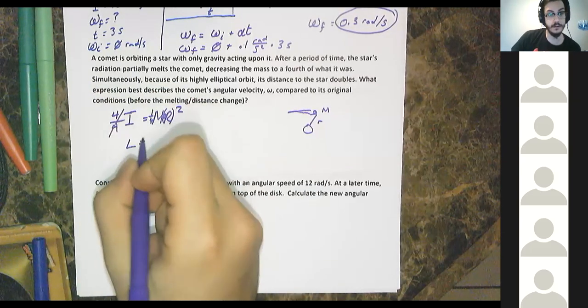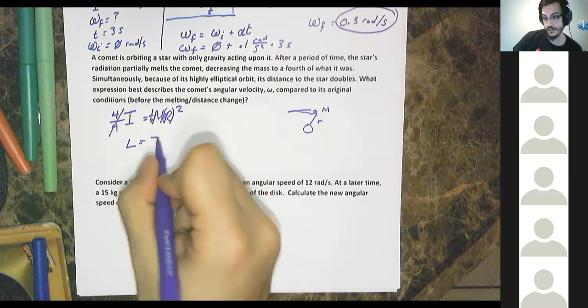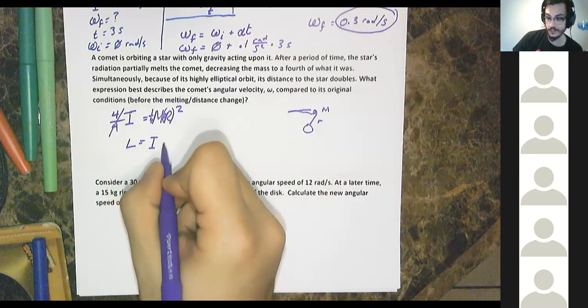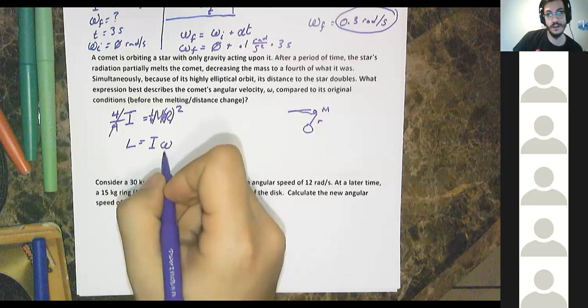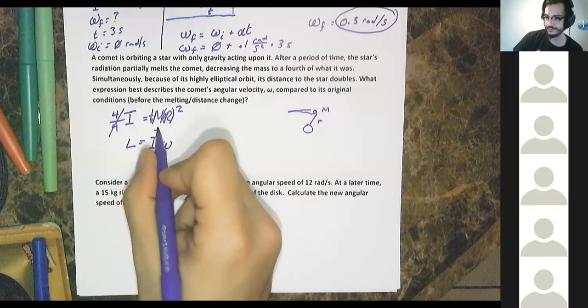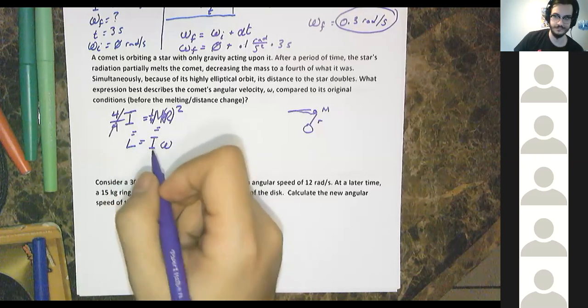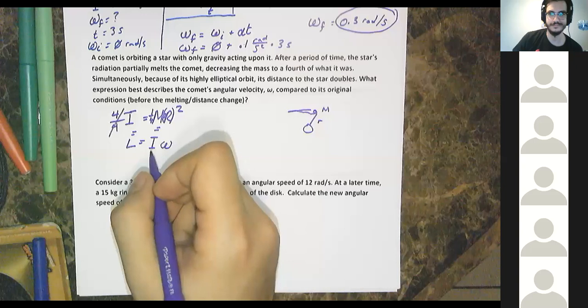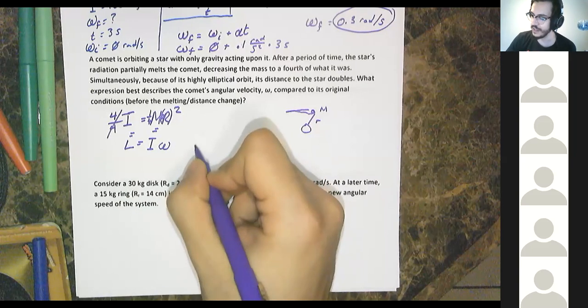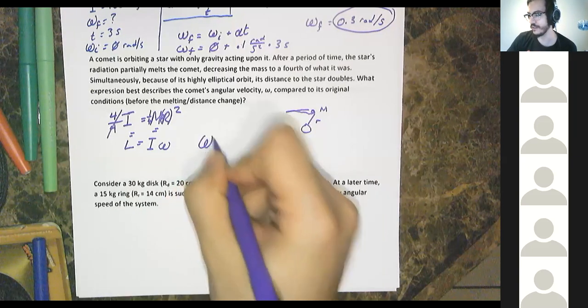So if our moment of inertia can't change and our angular momentum can't change, then what must our angular velocity do? Also not change. So the angular velocity remains unchanged.